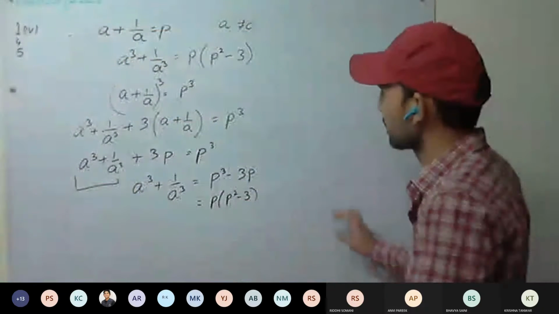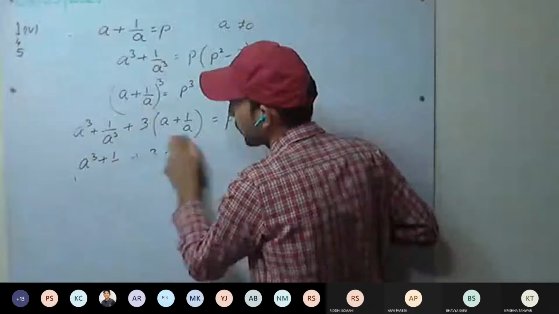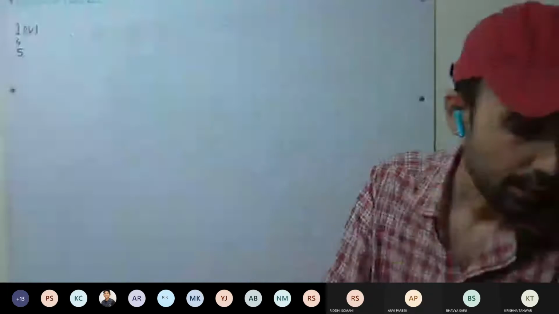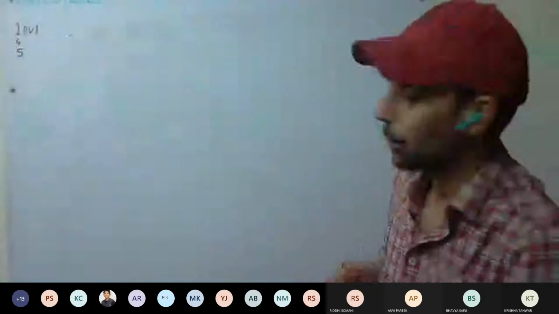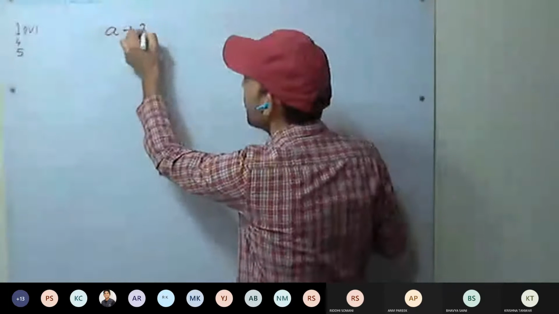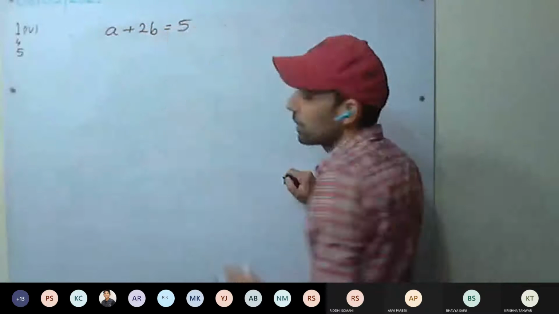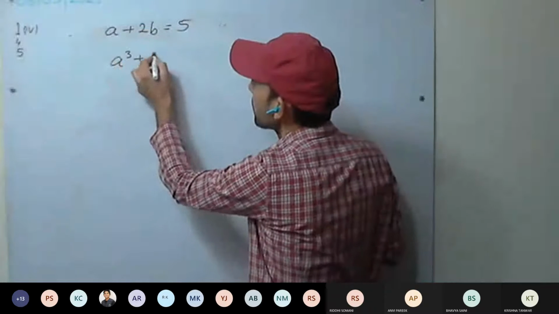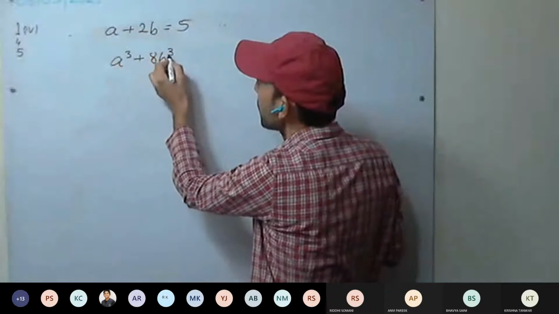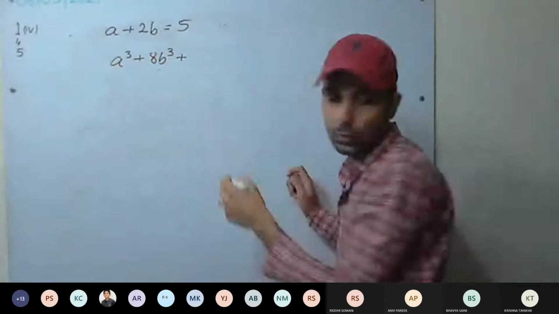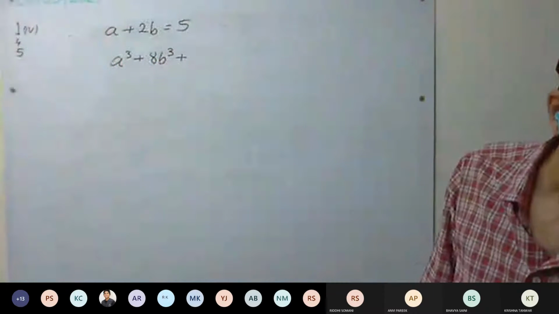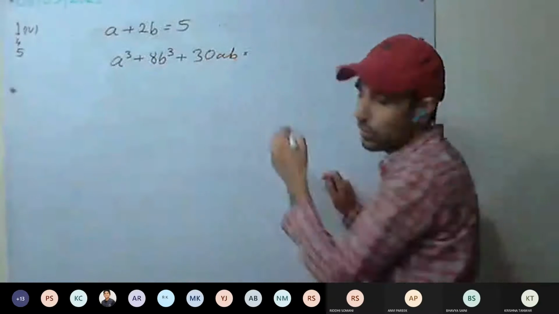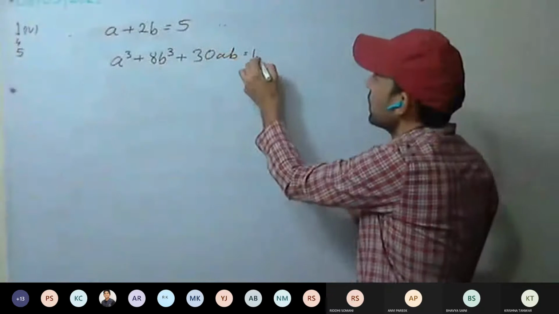Fifth one as well, I gave a hint. You have to do it, and if you don't get it, we'll do it tomorrow. What is being given? A plus 2b equal to 5. And what we have to show? A cube plus 8b cube plus 30ab equal to 125.